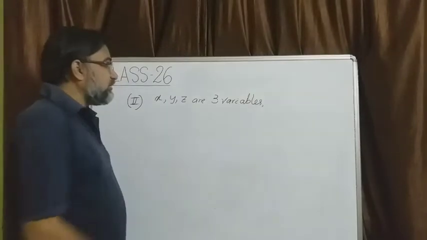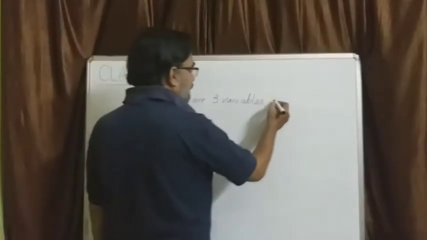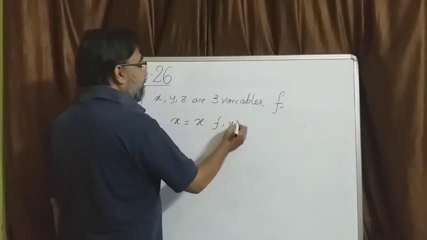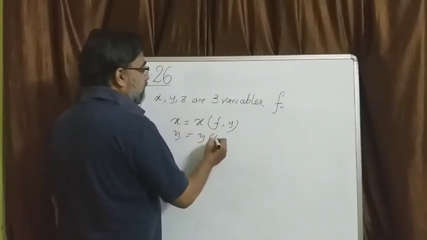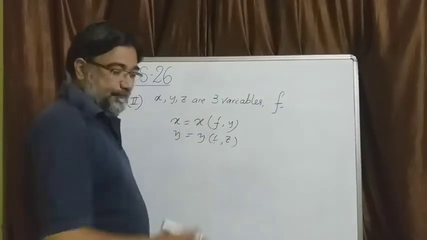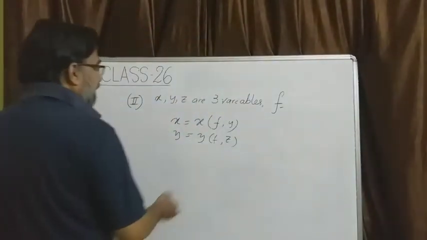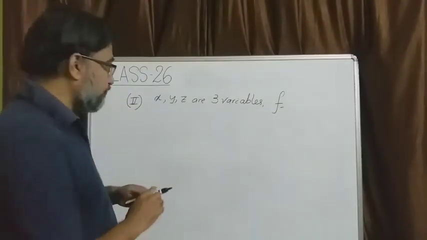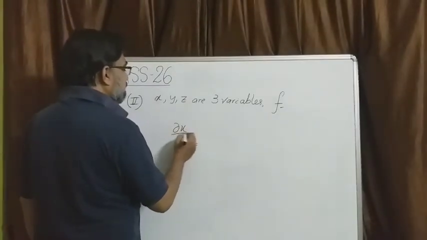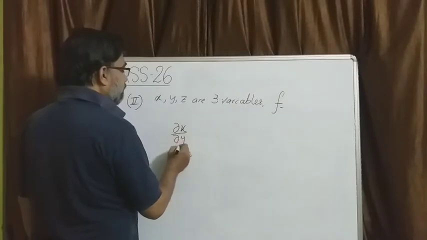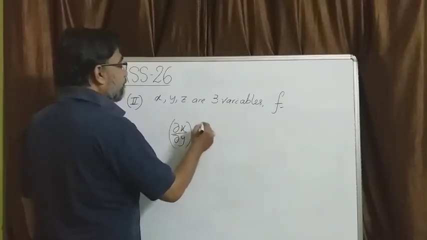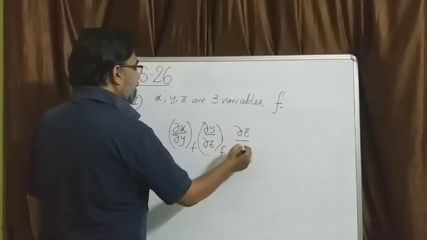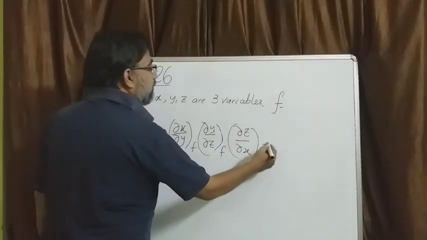So if x, y, z are 3 variables and are related by a function f this way, that x is a function of y and z, y is a function of z and x, like this, then del x del y at constant f, del y del z at constant f, and del z del x at constant f, their product is equal to 1.